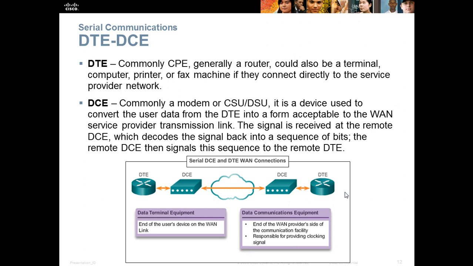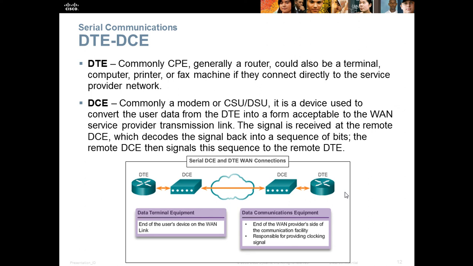It is a device used to convert the user data from the DTE into a form acceptable to the WAN service provider transmission link. The signal is received at the remote DCE, which decodes the signal back into a sequence of bits, and the remote DCE then signals this sequence to the remote DTE.